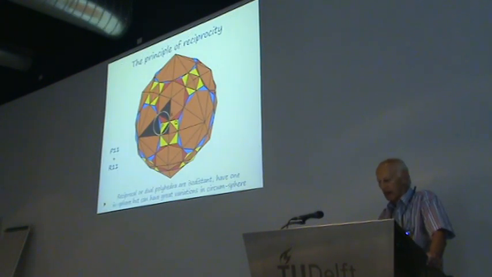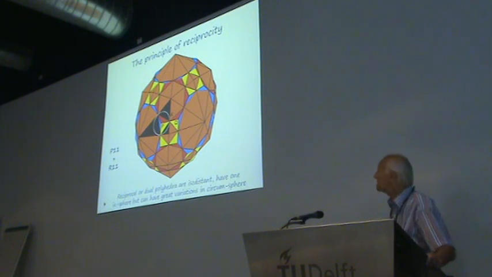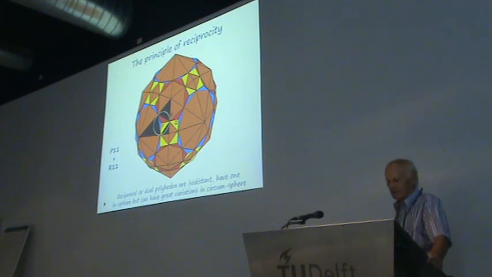Then the next aspect that I want to talk of is the principle of reciprocity, or the duality of figures. You see this demonstrated here for what I call P11, which is the one composed of squares, hexagons, and octagons.